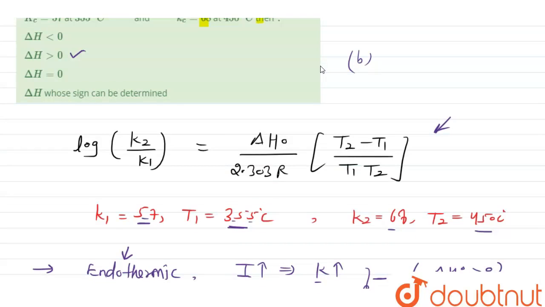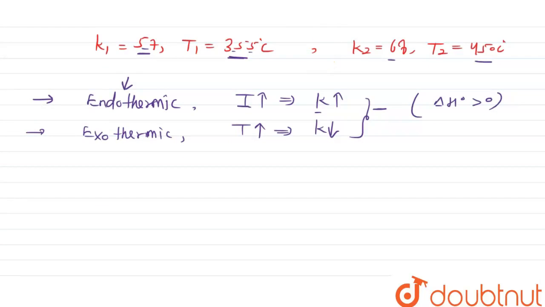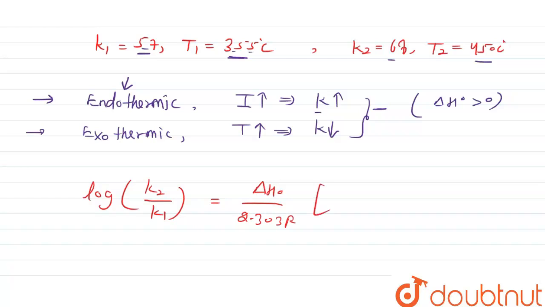I'll write the equation again: log K2 by K1 equals delta H naught divided by 2.303 R, times T2 minus T1 divided by T1 T2.